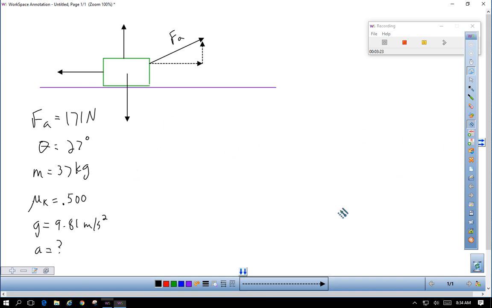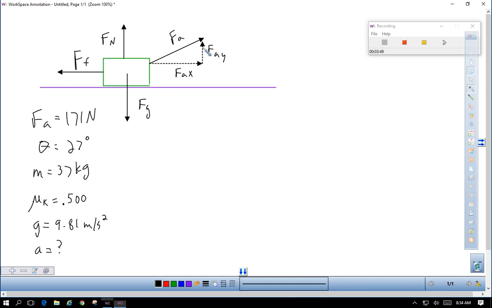Let's take a moment and label those. Fg, the force due to gravity. Ff, the force due to friction. Fn, the normal force supplied by the surface. FAY, the applied force in the y dimension, and FAX, the applied force in the x dimension.